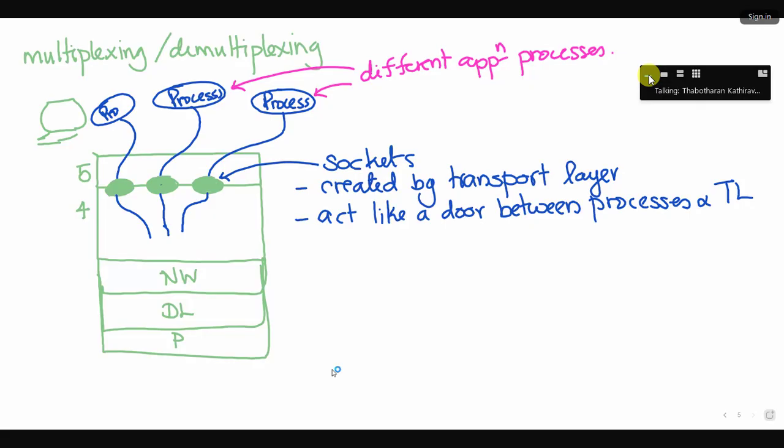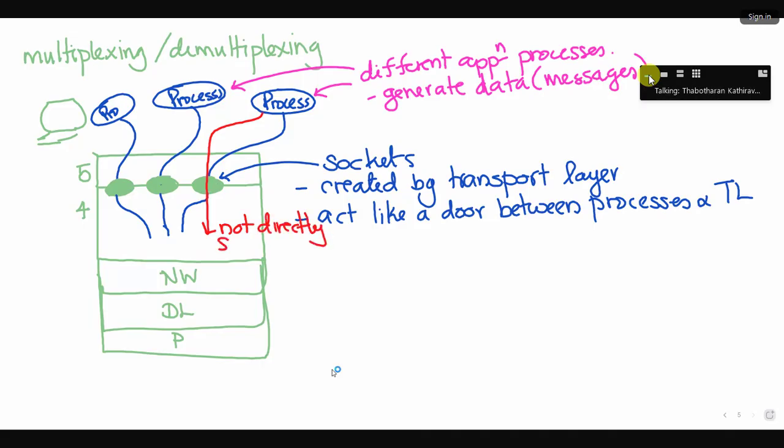One more thing: different application processes generate data. Actually, these data are called messages. These messages are not directly sent to the transport layer by processes.